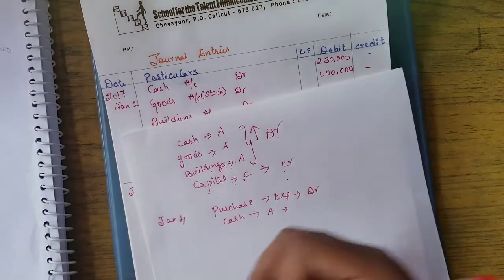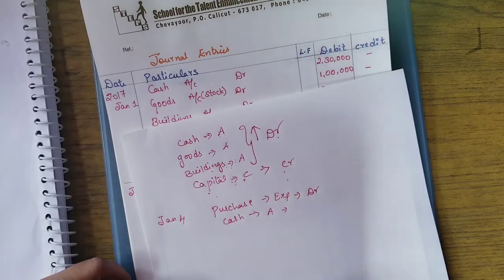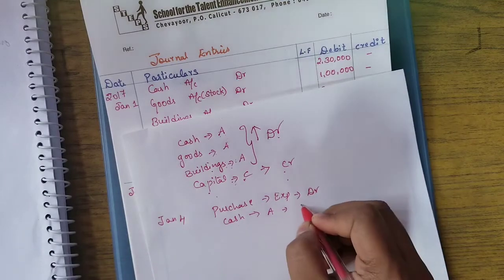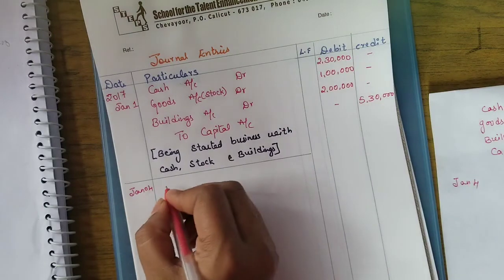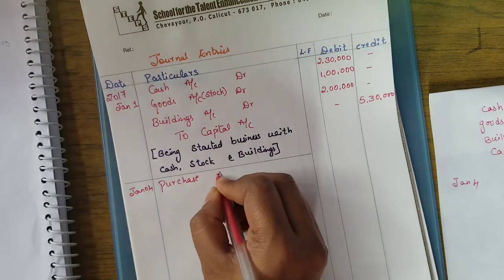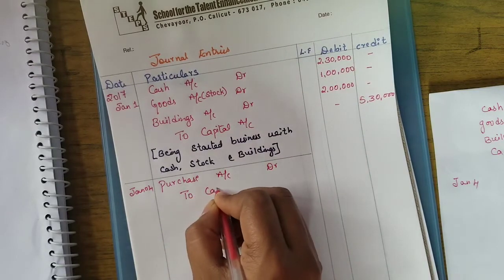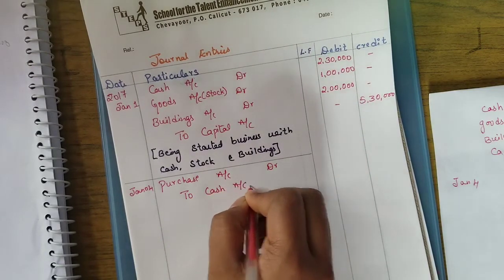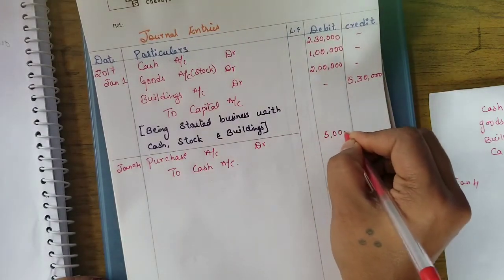And when you purchase, your cash is reduced. Since you are paying, the cash amount will be reducing. Cash balance will reduce in your business. So a decrease in asset will be credited. So pass the entry. Purchase account, debtor to cash account. The amount is 5,000.